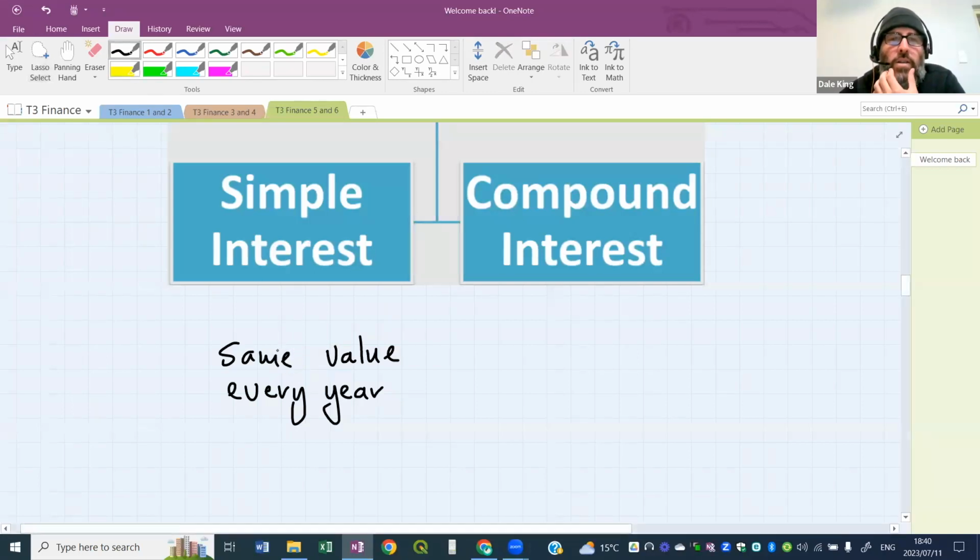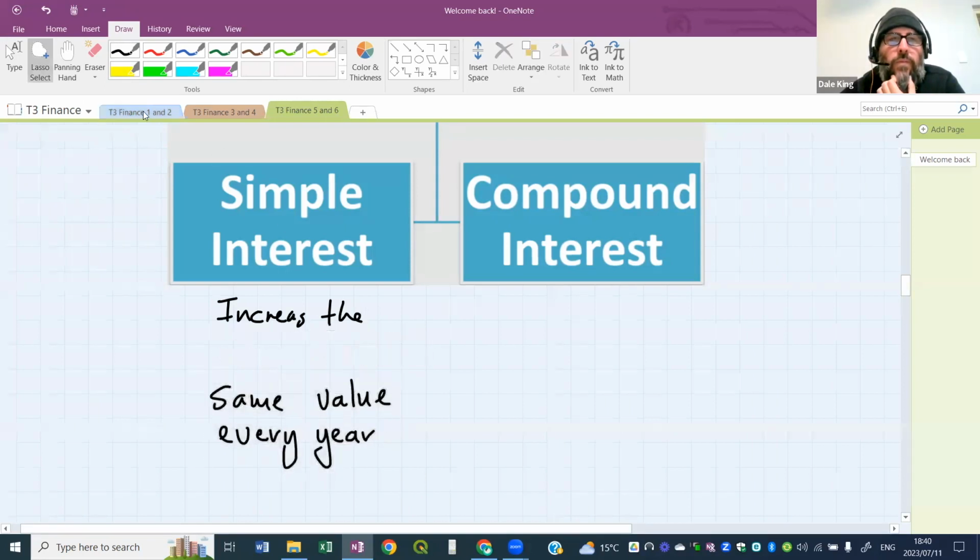All right. So use the word same value every year. So you increase the principal value by the same value every year.